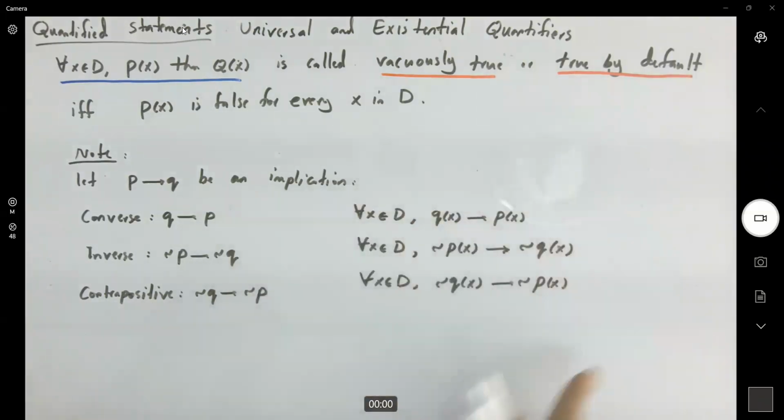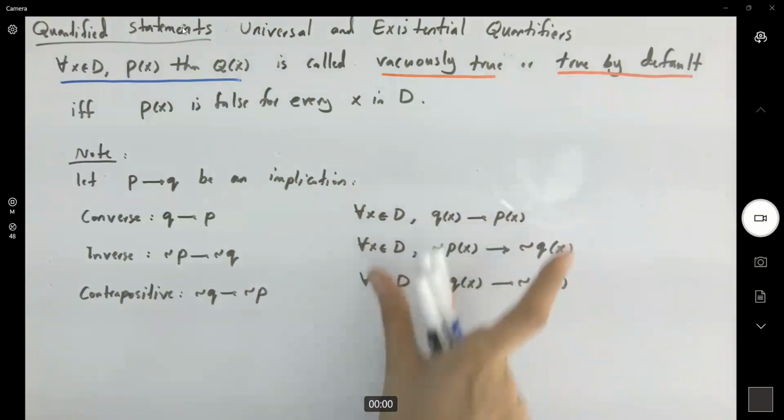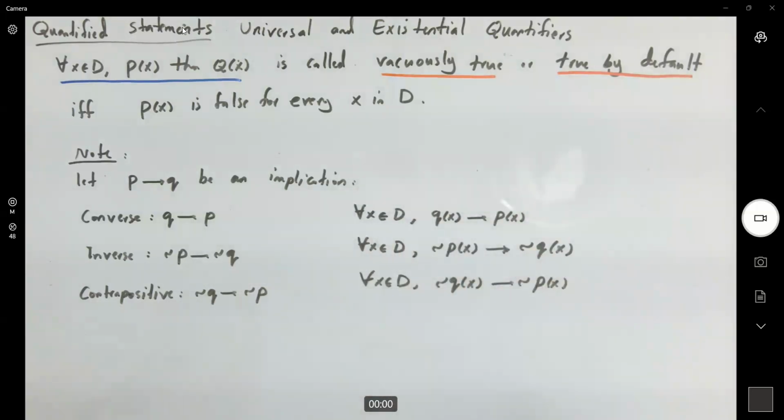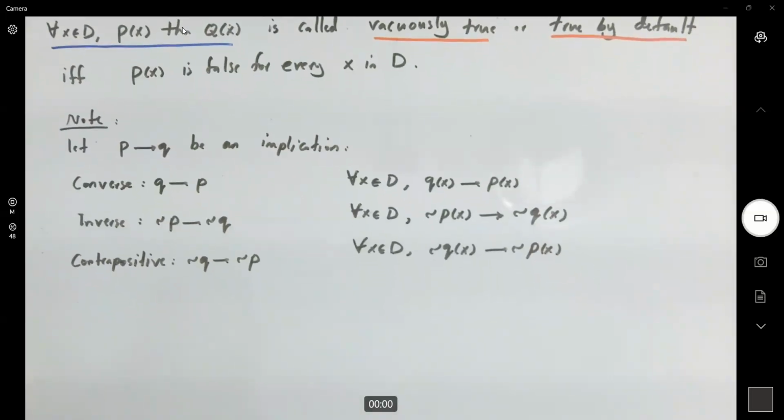Remember that in order to find the negation, you have to convert them into or and then find the negation for each.